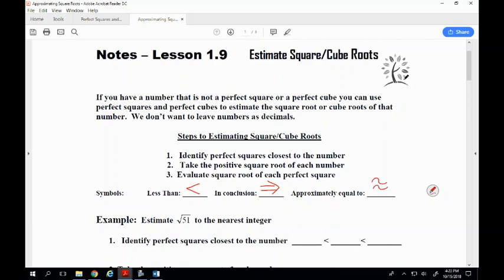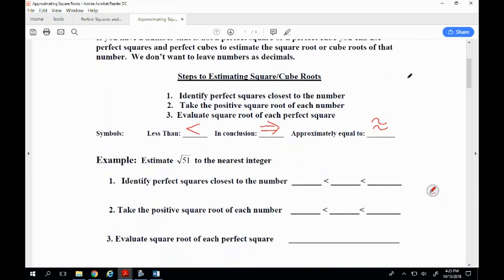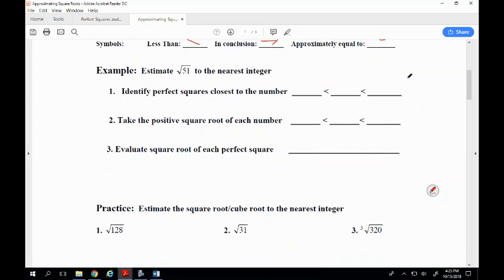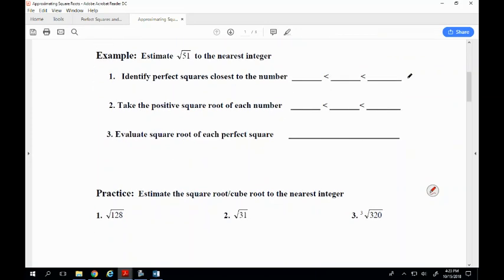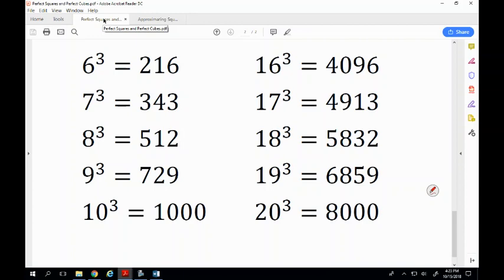Okay? So, here we go. The first one. We want to estimate the square root of 51. You want to pay attention to the fact that it is a square root. Okay? So with that, we want to make sure when we flip over to our chart that we are using the perfect squares. Okay?